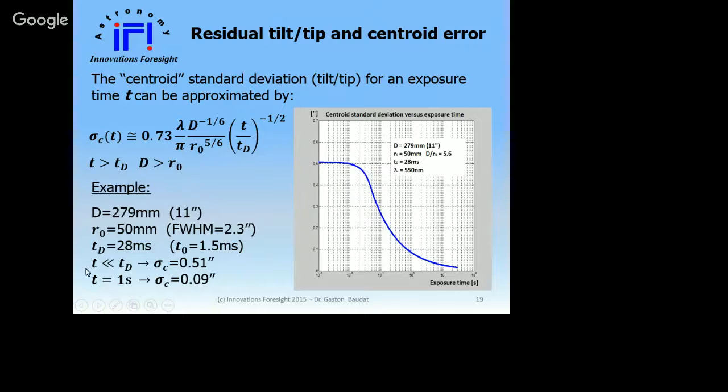Exposure smaller than this tau_D gives you a standard deviation of the tilt-tip centroid of the guide star around half an arcsecond. Now, if you increase your exposure time because you integrate longer, then your standard deviation goes down to roughly 0.1 arcsecond.